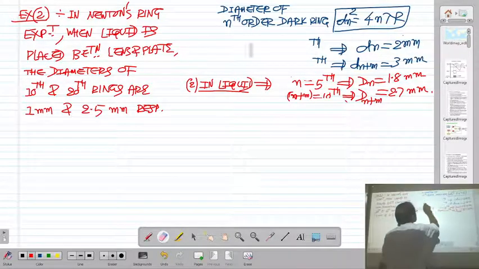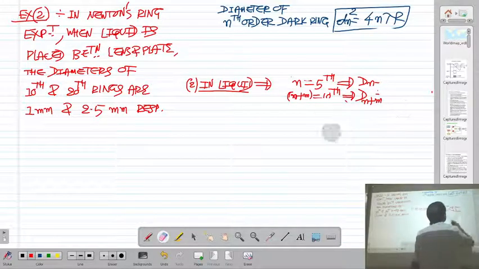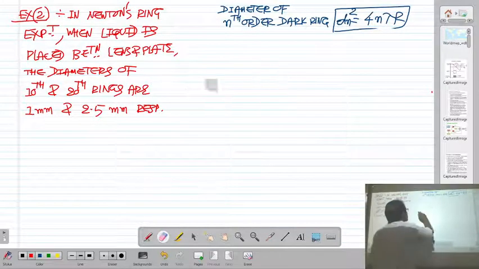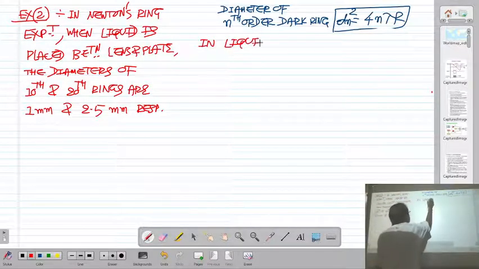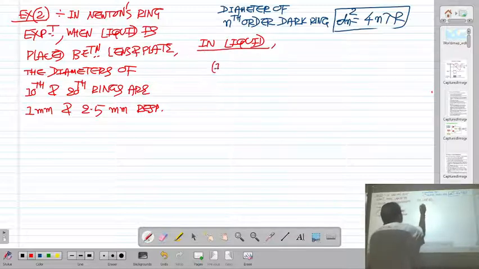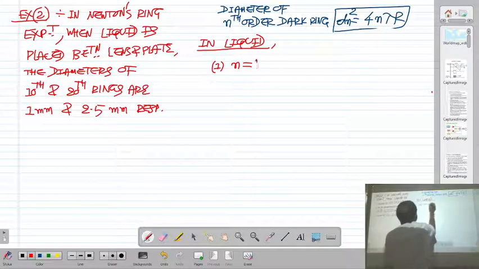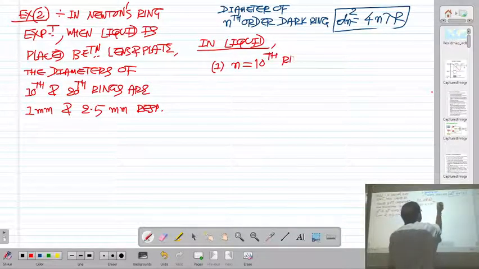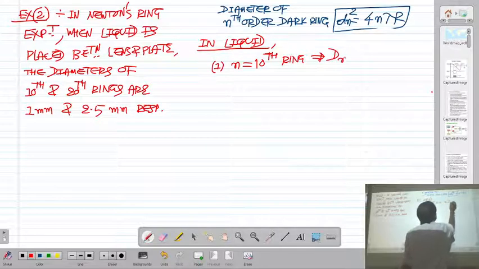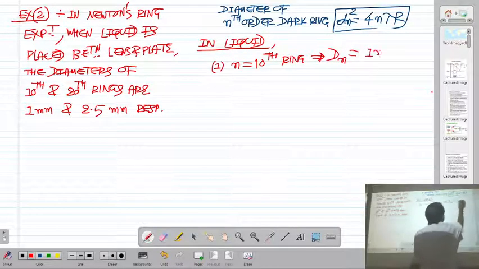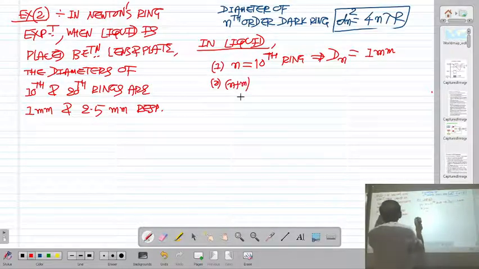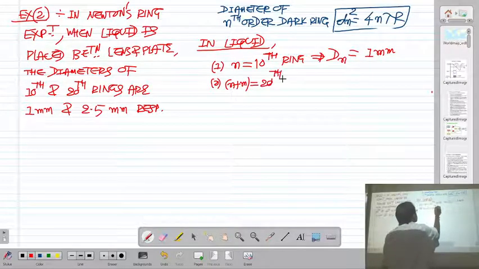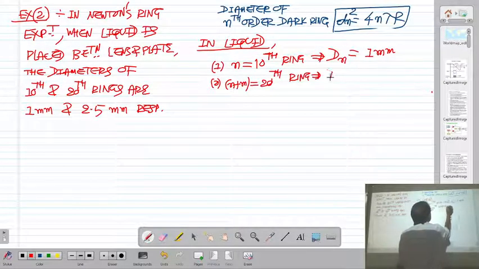So here I write, in liquid, the diameter of n equal to 10th dark ring is capital Dn equal to 1 mm, and the diameter of n plus m, that is the 20th dark ring, is capital Dn plus m equal to 2.5 mm.